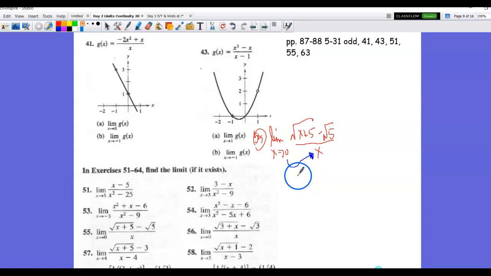So the strategy that I recommended in the video is to multiply the numerator and denominator by the conjugate of the numerator. So the square root of x plus 5, and here's where the sign changes, the one in between, plus the square root of 5, over x. I'm keeping the limit because I have not found it yet, limit as x approaches 0.